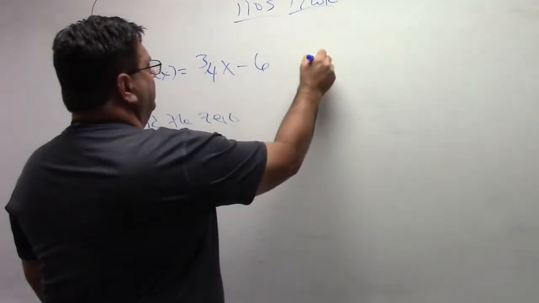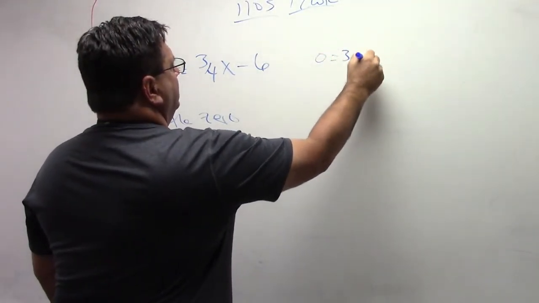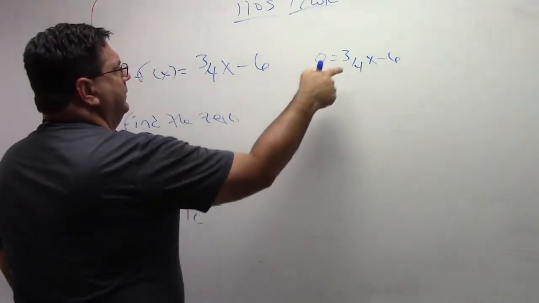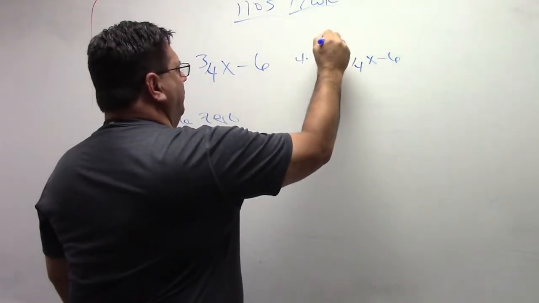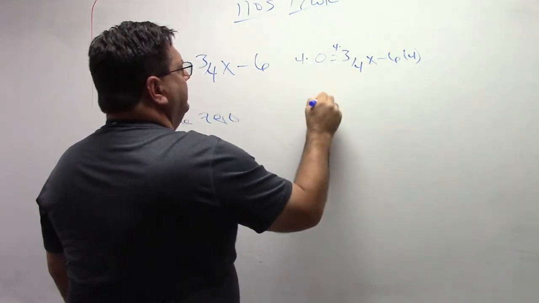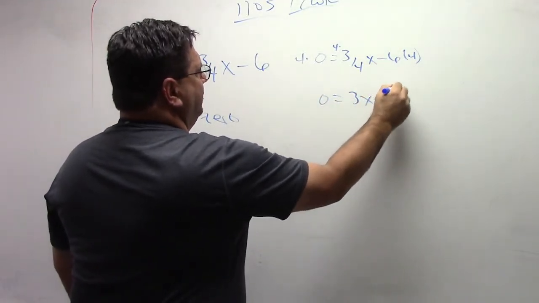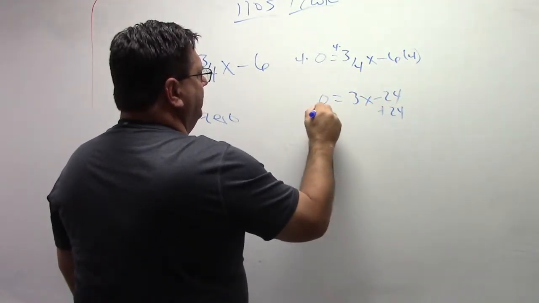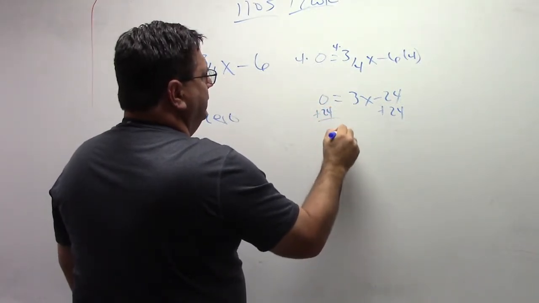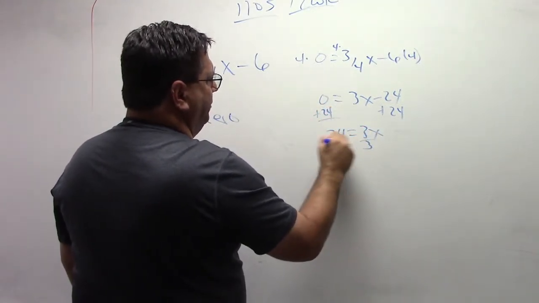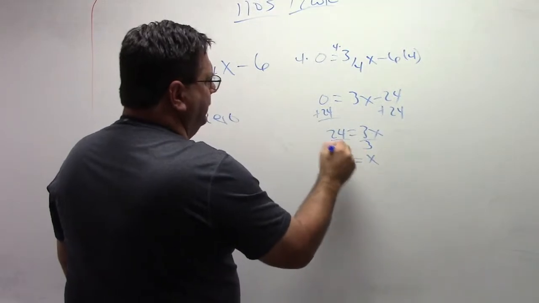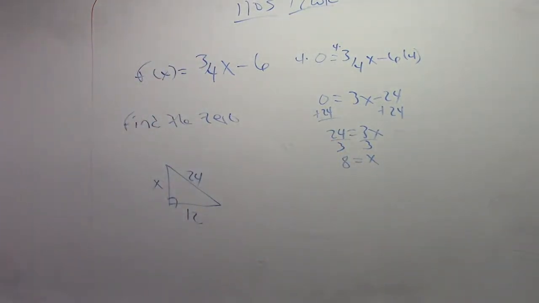So we want to set 0 equal to 3/4 x minus 6. Let's multiply everybody by 4 to clear that fraction. 0 equals 3x minus 24. Add 24, add 24. 24 is equal to 3x, divide by 3, divide by 3. X is 8. All right, we good?